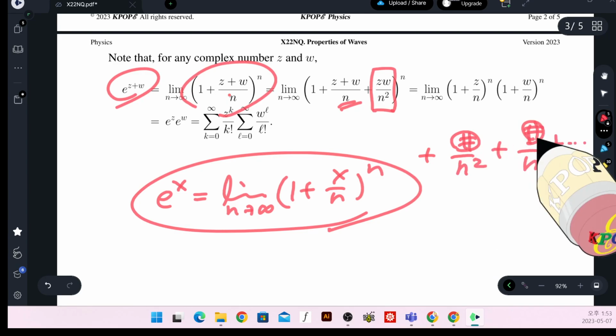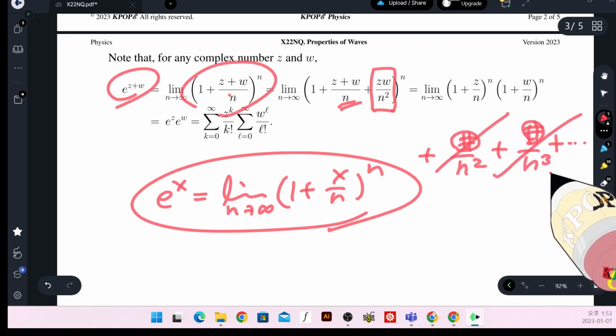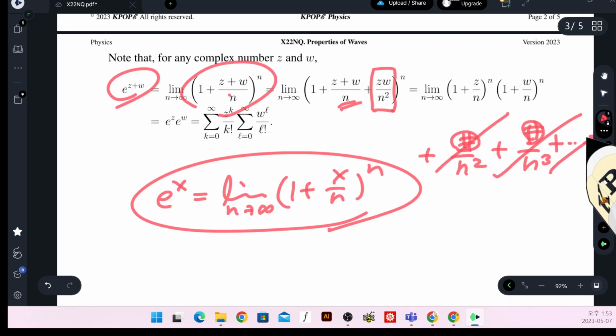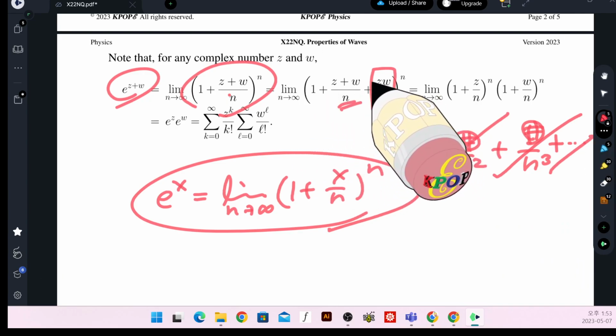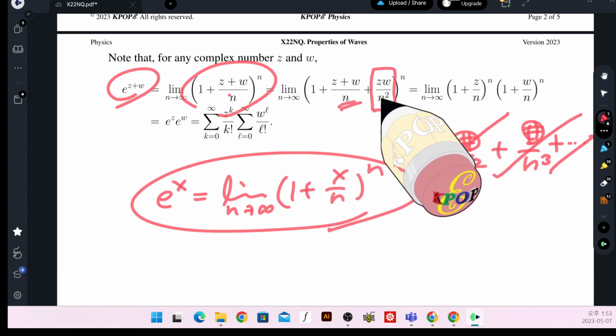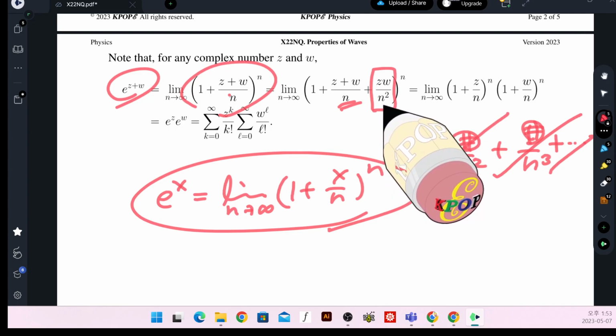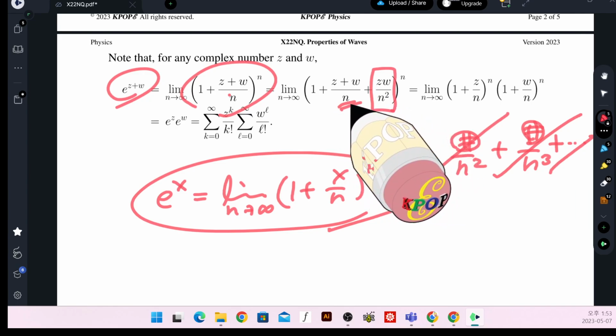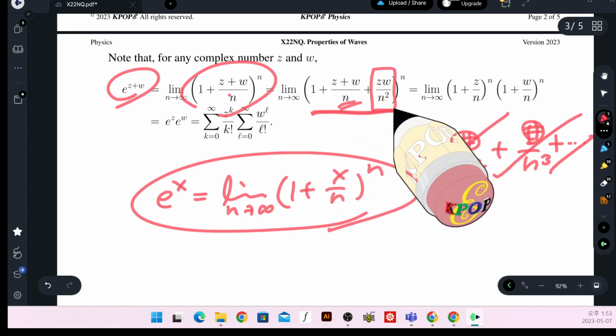Regardless of these numbers, they vanish explicitly. So I don't have to worry about adding this remnant term. And if I add these two, this expression is factorized.